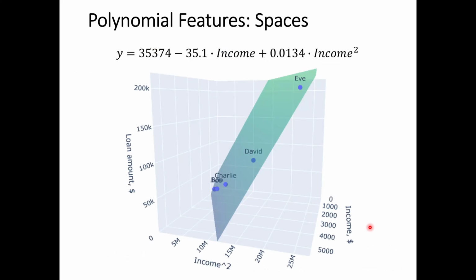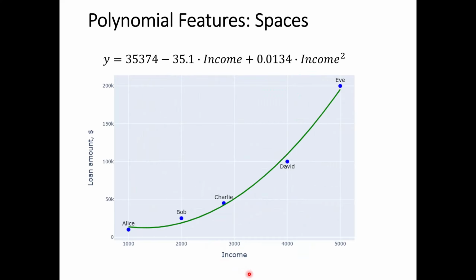The model in the feature space of income and income squared will take the shape of a plane, since it's a linear model. But if we return to the original space with a single variable, income, and plot our model there, it will take the shape of a parabola. The equation remains exactly the same in both feature spaces.